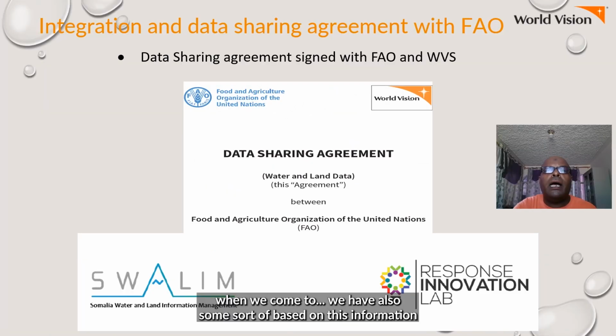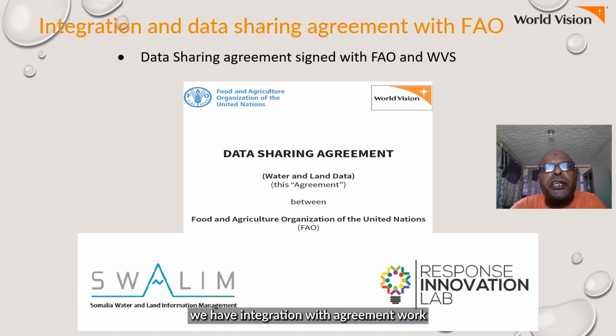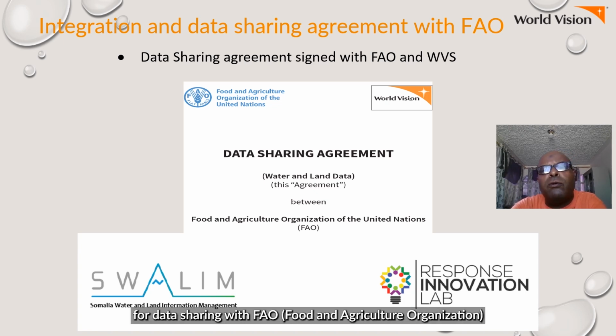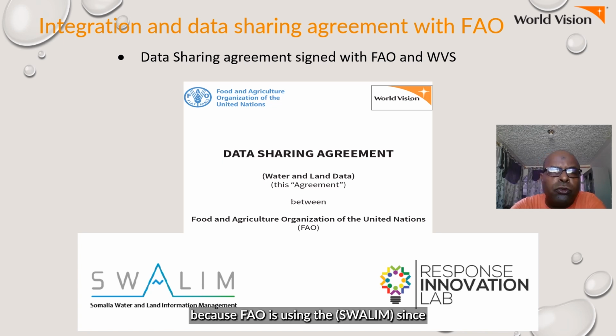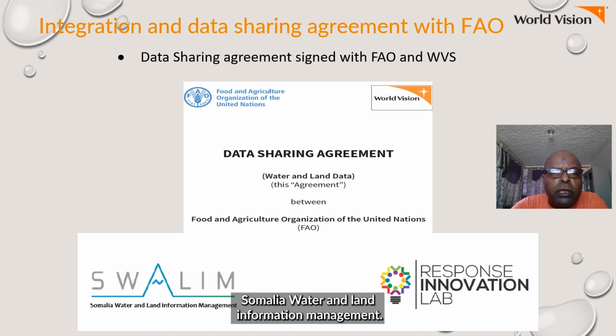Again, based on this information, we have integration with an agreement for data sharing with FAO, that is Food and Agriculture Organization, because FAO is using the Somalia Water and Land Information Management.